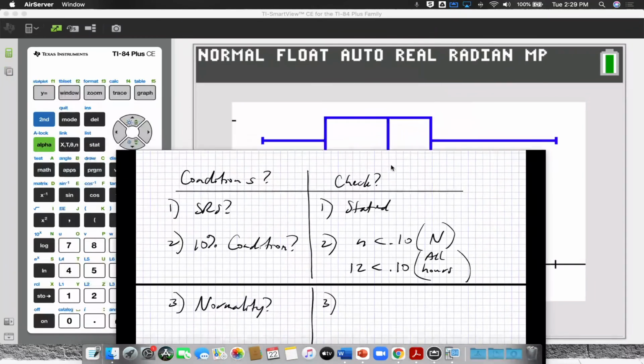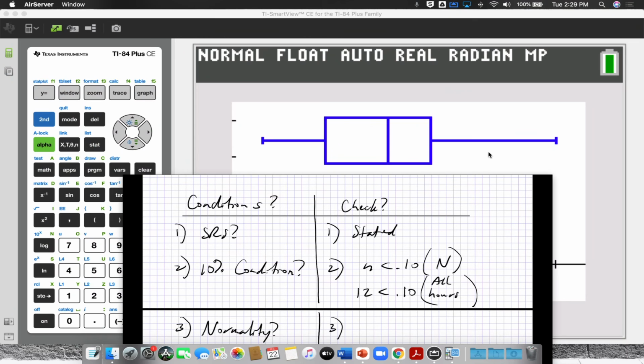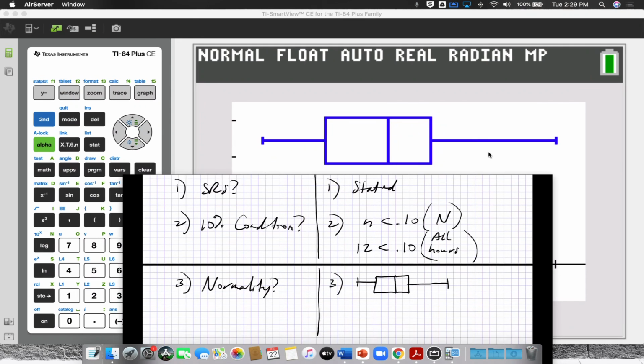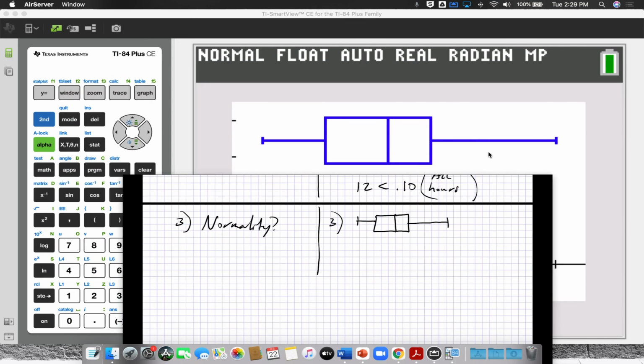We're going to put a picture of that. We can assume normality due to no outliers being present.